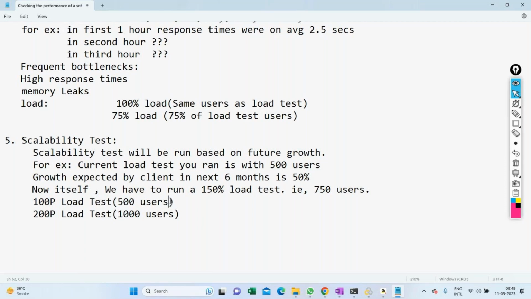But for now, I'm just telling you the users. So a 300% load test is what we do next. Then finally, we do the 400% load test.